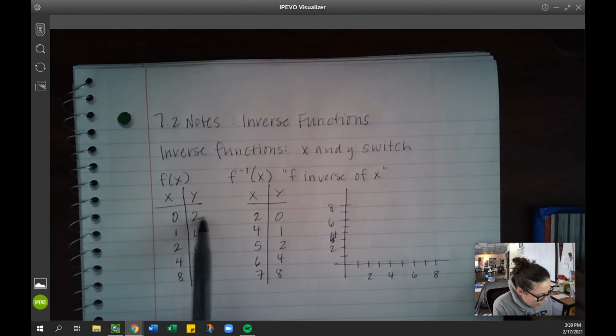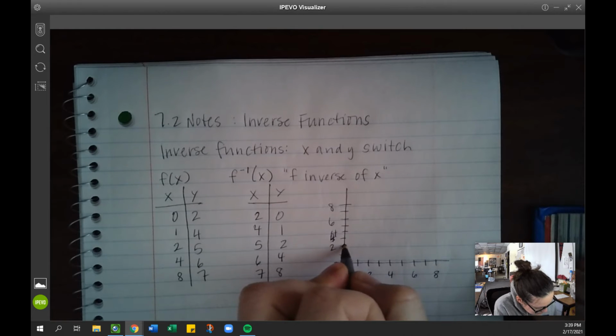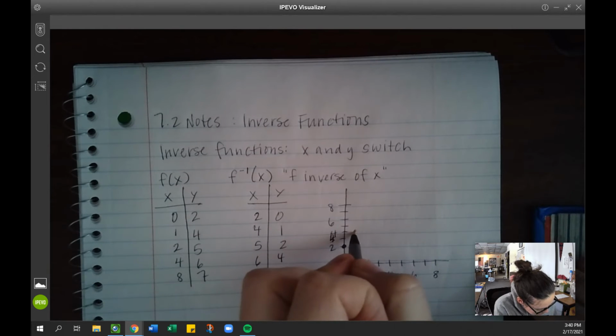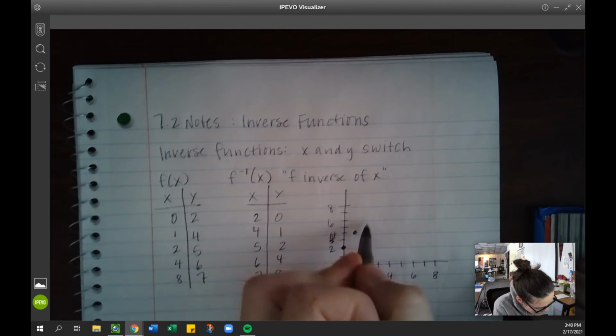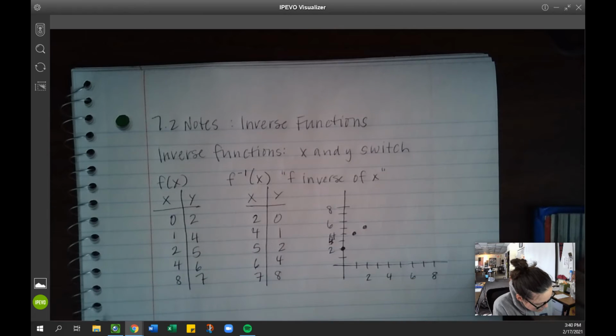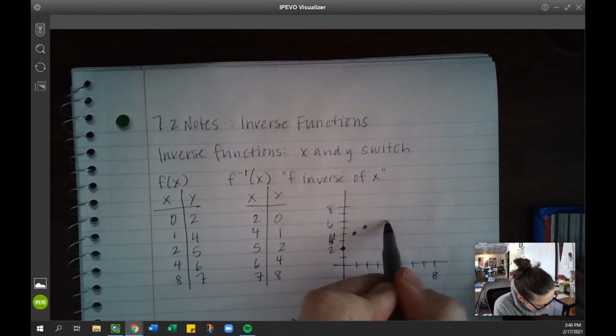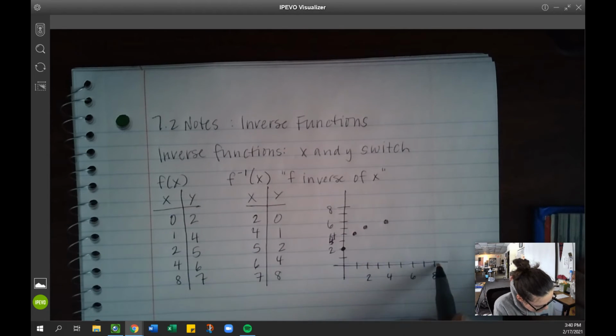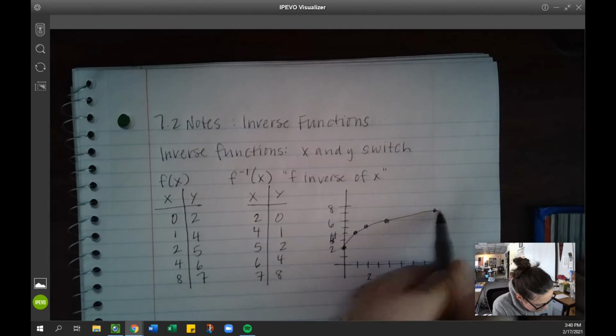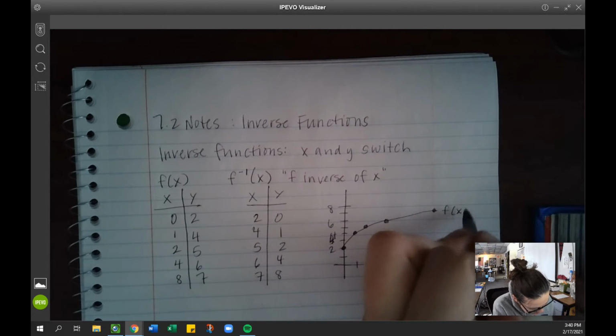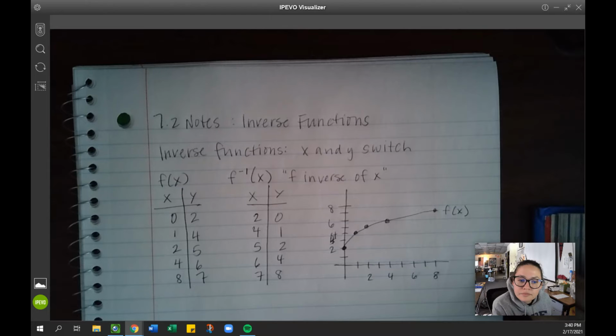All right, so for f, we have 0, 2; 1, 4; 2, 5; 4, 6; and 8, 7. So there's f of x. Almost kind of looks like a square root function.